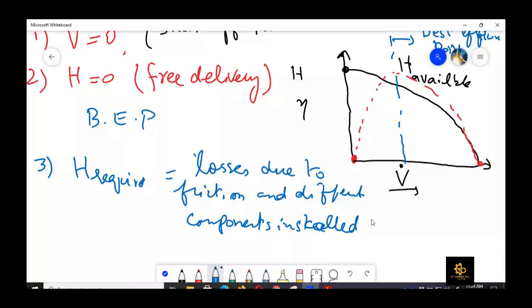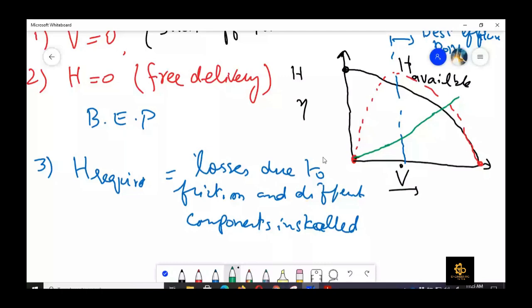So that H required increases as we increase the flow rate, because we know that if the flow rate is increasing, then the losses would increase due to more friction and velocity head. So this is the H required line.